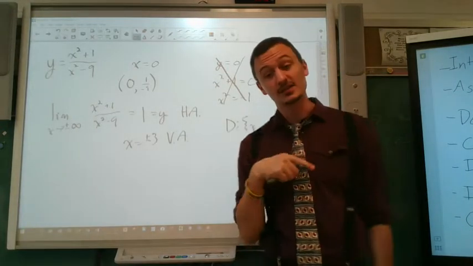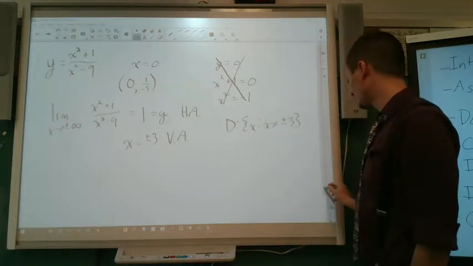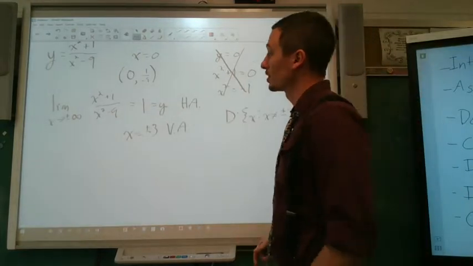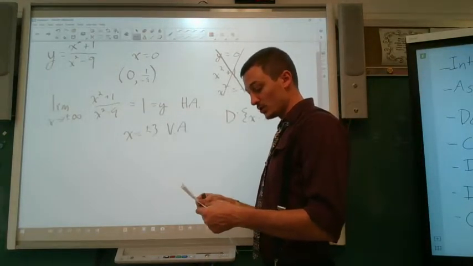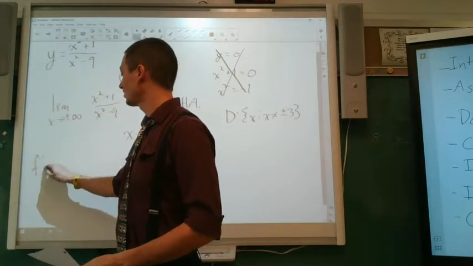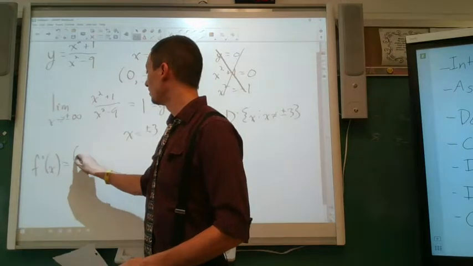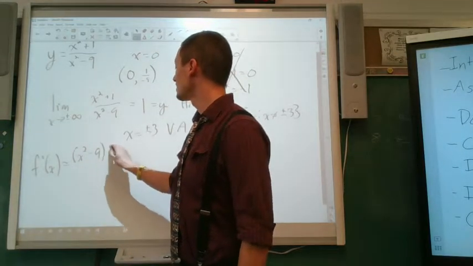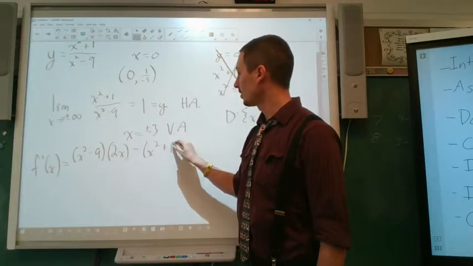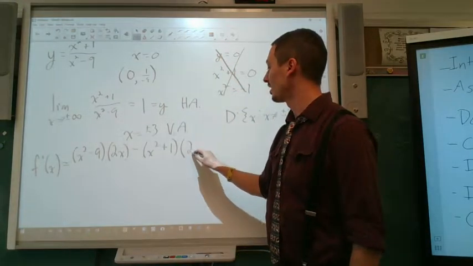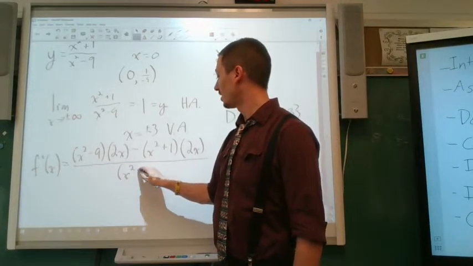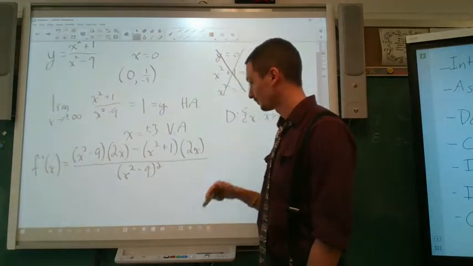The next step is to find the critical points. To find the critical points, we have to find the first derivative. So this is a quotient, so we want to use the quotient rule, in which case the first derivative would be the bottom times the derivative of the top minus the top times the derivative of the bottom all over the bottom squared.